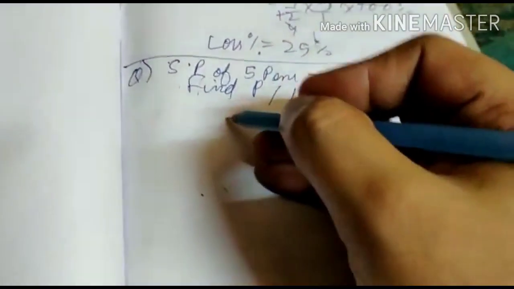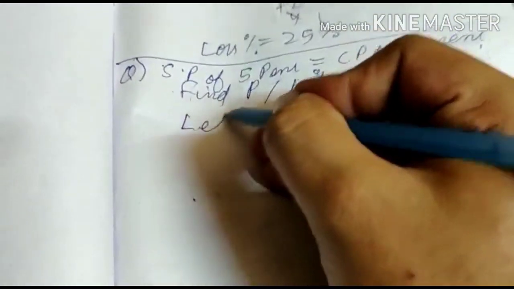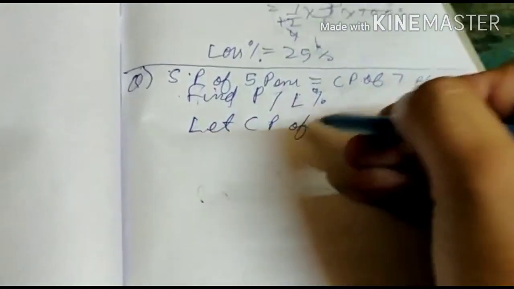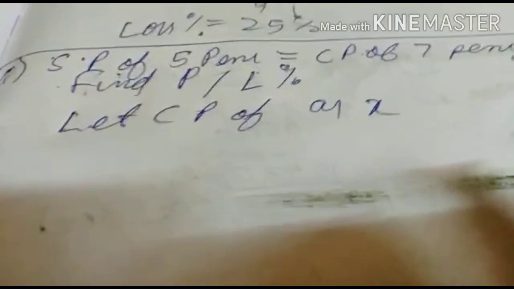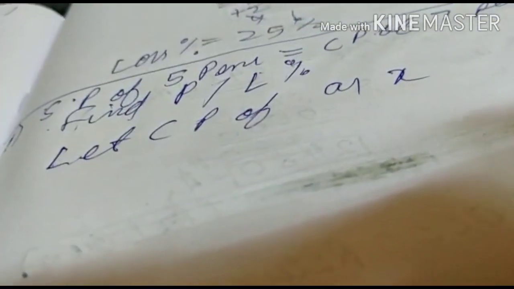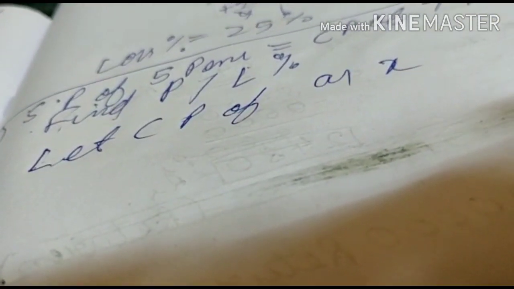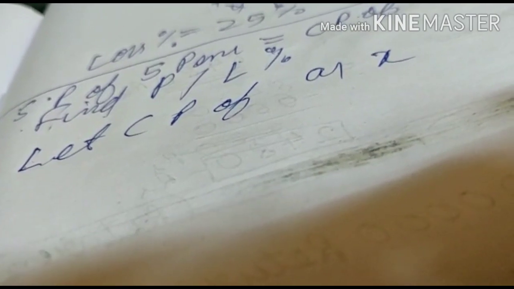So what we will do: always let CP be X, never take SP as X. Why CP as X and not SP as X? Because SP is something that is variable.